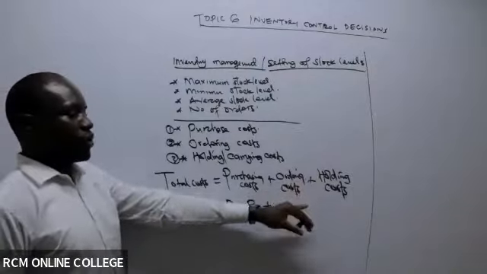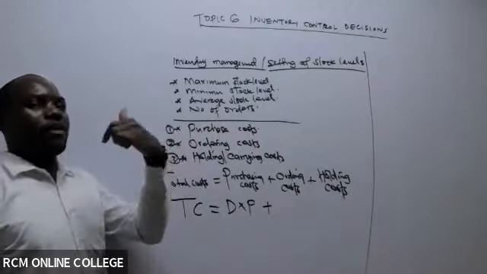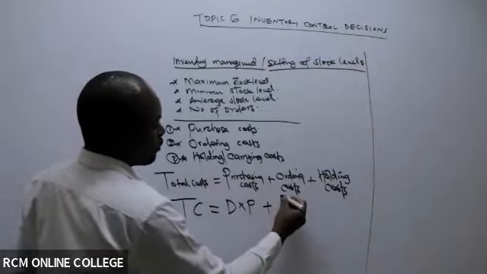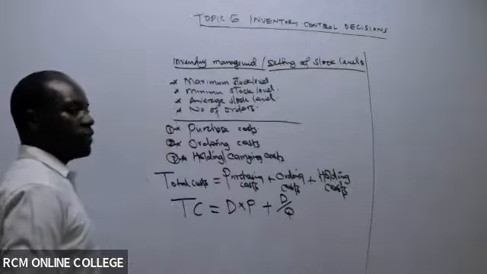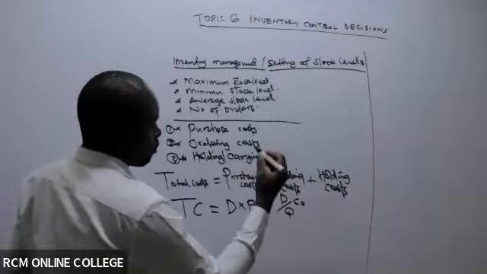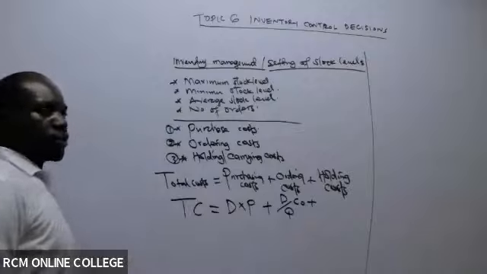For us to get total ordering cost, number one, you are supposed to identify the number of orders. So how do we get the number of orders? It is annual demand divided by quantity, then you multiply it by ordering cost per order. To that, you added total holding cost.